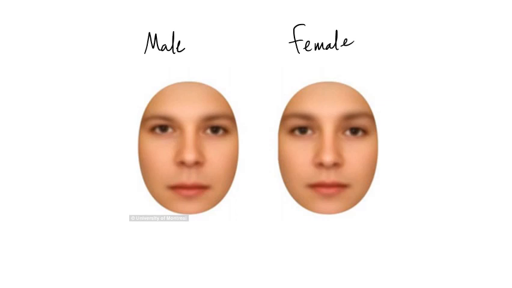Some of the differences that we see between these individuals are, for example, the distance between the lips and the nose, and the distance between the eyes. There are a few things here, but it's the same person. They're both males, and what they're trying to illustrate is that we just change a few features on an individual, and they begin to take on features that people will judge as either male or female.